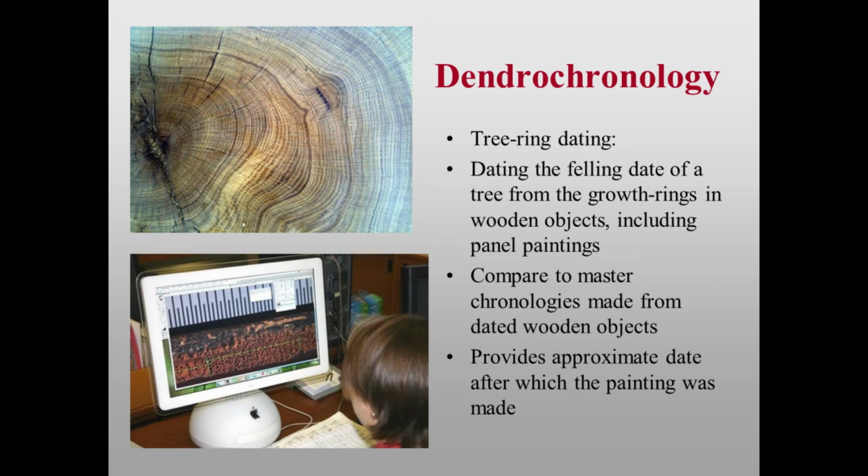Well, what the people at the Wood Institute have done is they have found wooden objects that date back centuries, and they have been able to match up the trees in a certain area. And that's very interesting. When they first started doing this with early Netherlandish painting, they got some really wonky dates. They didn't make any sense. And then they realized what was going on. The wood wasn't local.